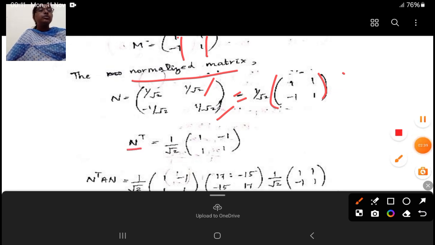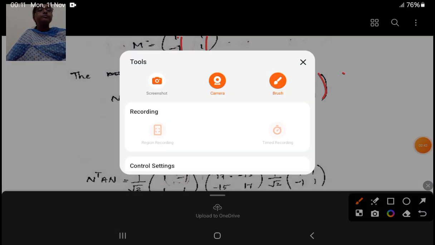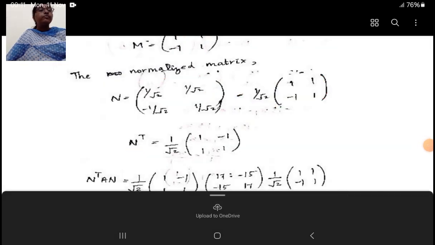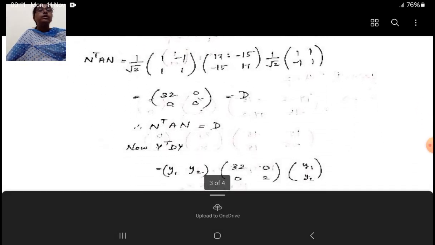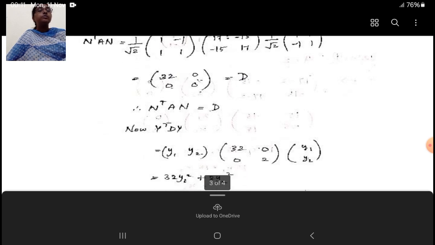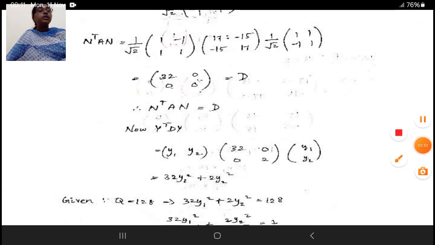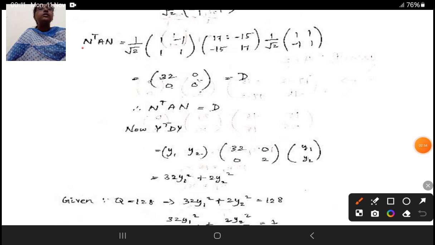Once you know the matrix N and N transpose, we can directly move on to calculating the diagonalized matrix. The formula for calculating the diagonalized matrix is N transpose A N: the N transpose value, then the A value, and then the N value.